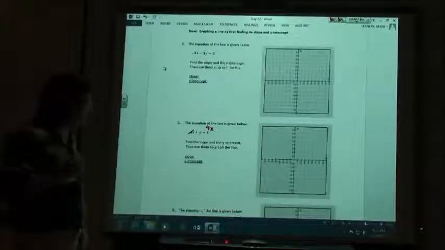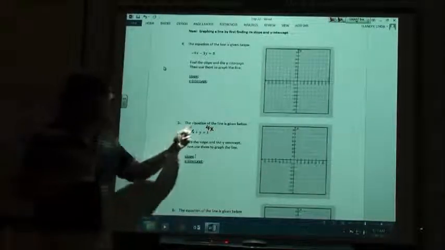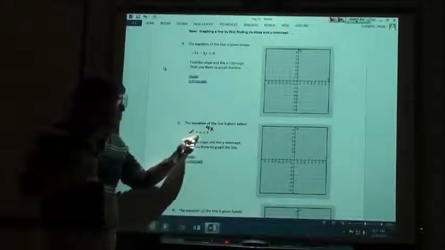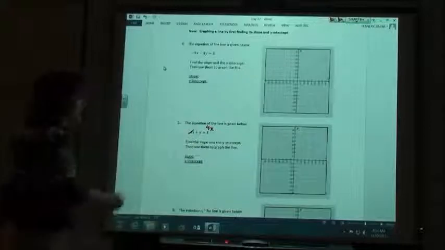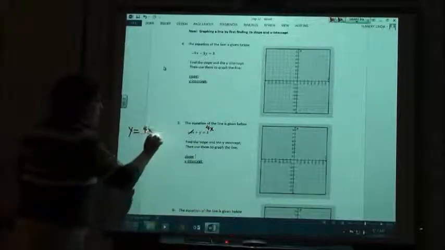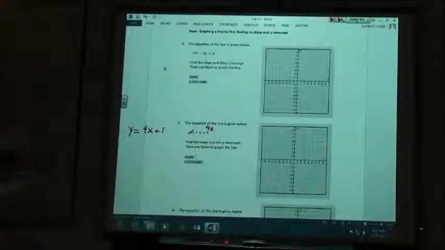Nope. Oh! What happened? You moved the 4x over here with the 1, not the y. We left the y where it was. So it's going to say y equals 4x plus 1. That's our whole goal, is get the y by itself.